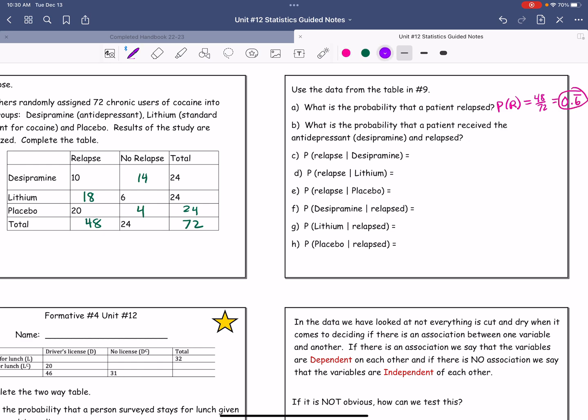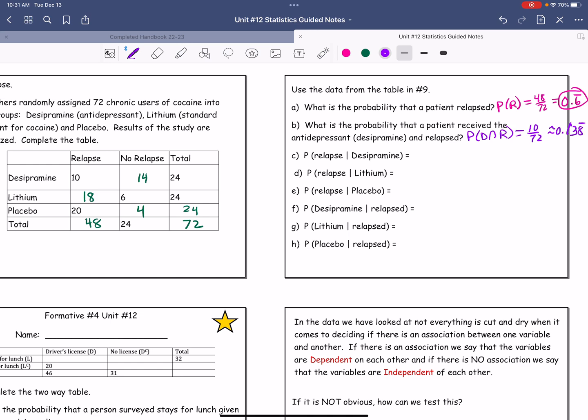What is the probability that a patient received the antidepressant and relapsed? With the and scenario, we can see where the overlap is, and it's right here. So we're just going to use the 10 out of 72, which gives us about 0.138.